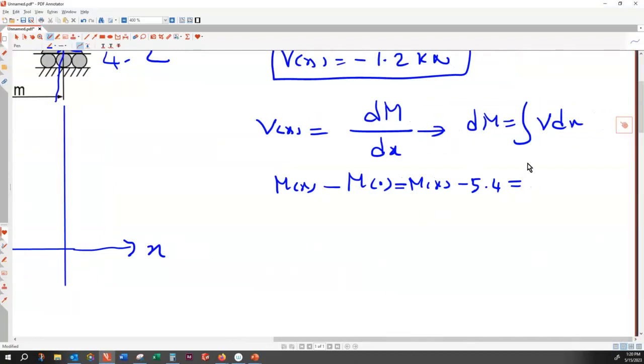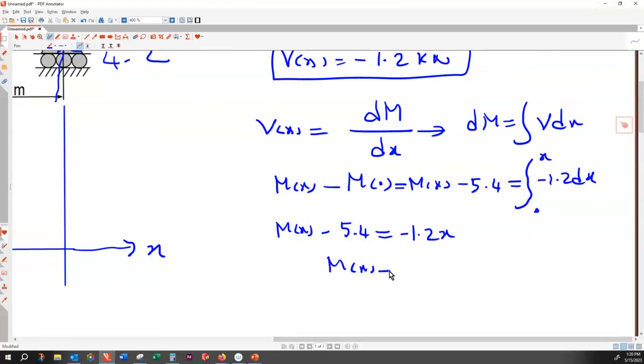So let's find the integral of V of x. That is the integral of minus 1.2 dx between 0 and x. So M of x minus 5.4 is equal to minus 1.2x minus 0, and you can simplify. Simply, M of x is minus 1.2x plus 5.4.